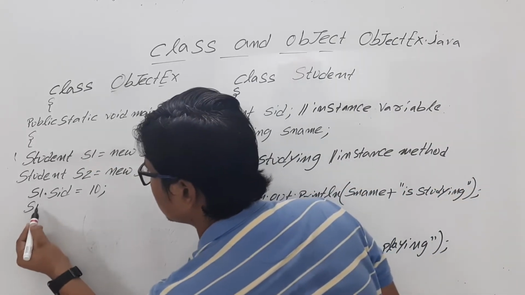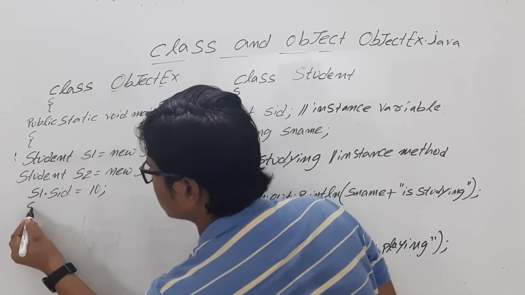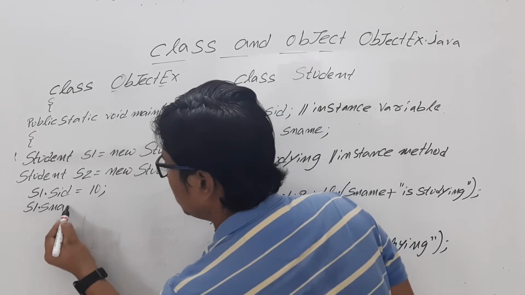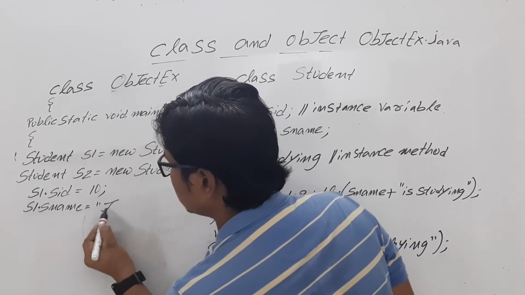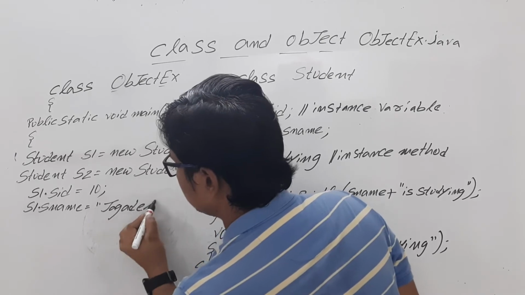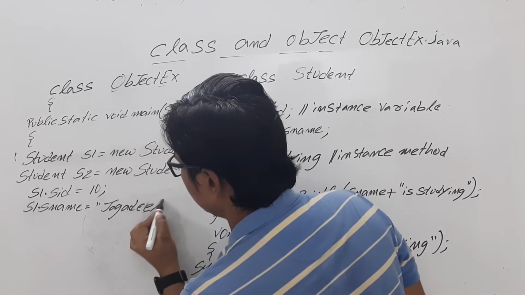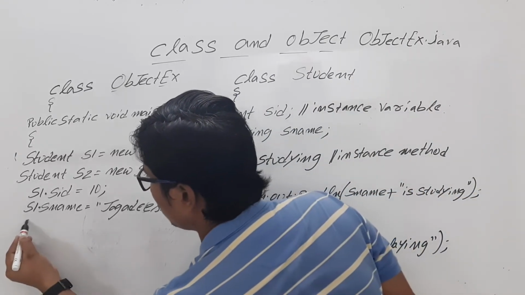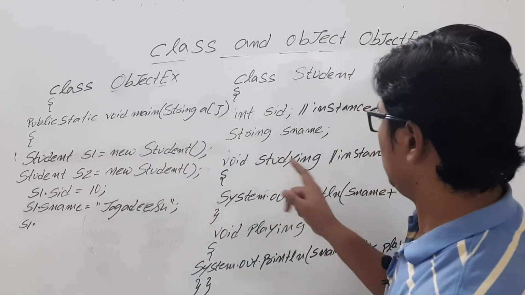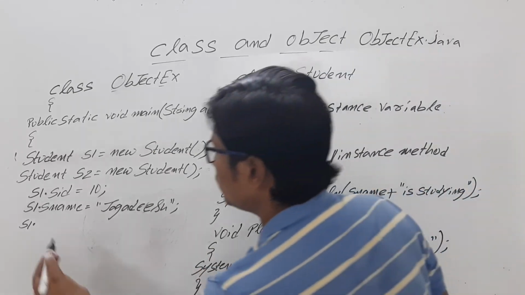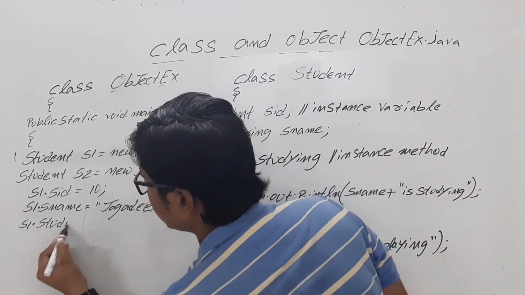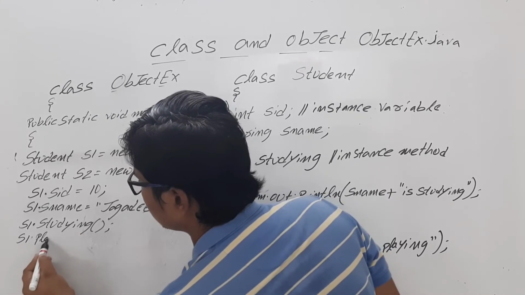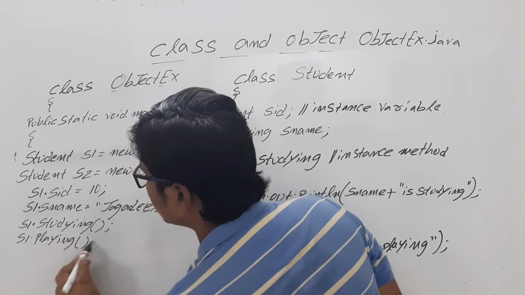Then s1.sname is equal to Jagadish. Then I can call the instance method called studying using the object s1. So if I write s1.studying and s1.playing, what will be the output displayed?